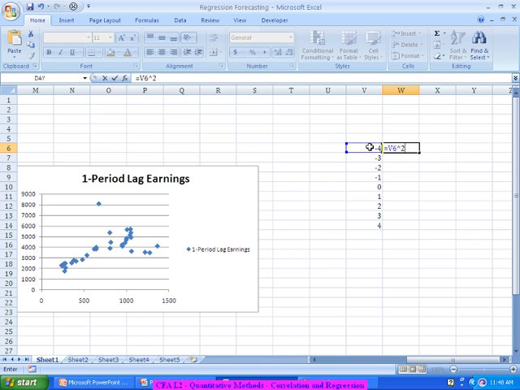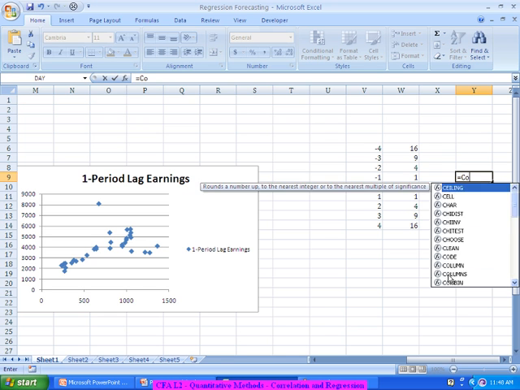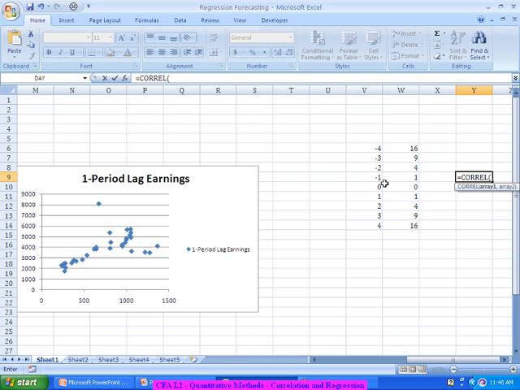So 16, 9, like that. So these are x, these are y. When I try to find the correlation between these two, logically speaking, we know they are very strongly related. But when I try to find out the correlation between these two, I can use the correlation formula in Excel to find that out. The correlation between these two is directly giving 0.